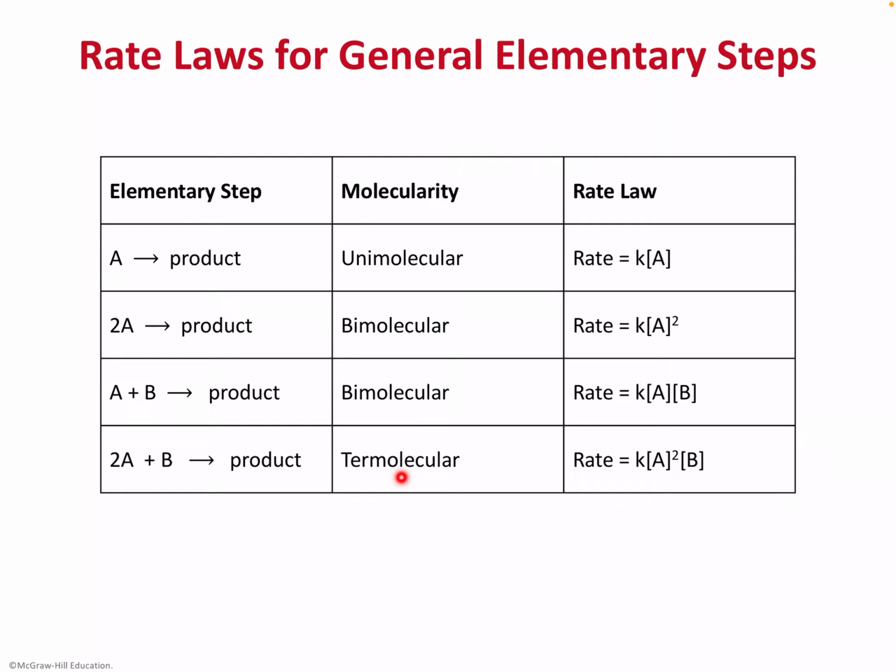So this is termolecular and the rate law would be second order with respect to A, first order with respect to B. So for these elementary steps, by looking at the molar ratio, we can deduce the molecularity. But if it is the overall reaction, remember, we did not say that. The reaction orders m and n we had to calculate from the experimental data. We could not directly get them from the stoichiometry or the molar ratios. Okay, so this is only for the elementary steps.